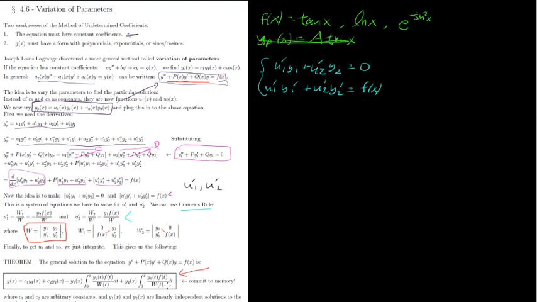So up until now, the book would always say, well, don't memorize the formula, remember the method. In this case, I think the method is just too cumbersome to try to do for every exercise, right? Maybe just do the first one like that, but I wouldn't. I would just use this formula here from now on. So when they say solve a problem by variation of parameters, it means using this formula here.